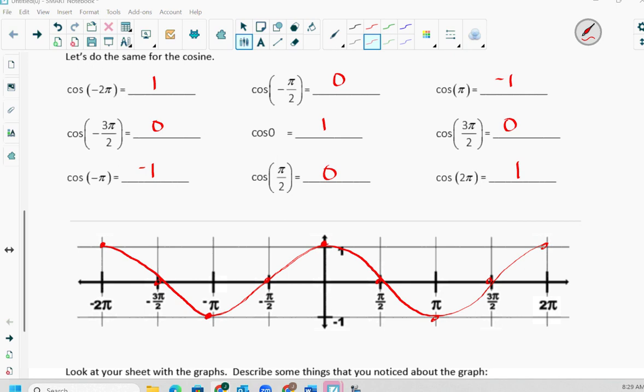All right, guys. That is what your cosine graph should look like.